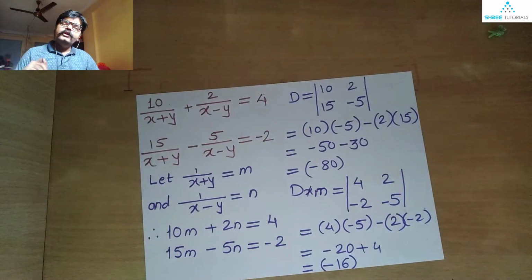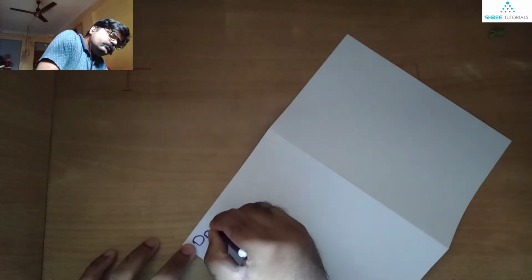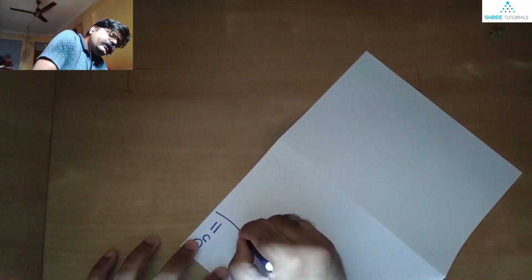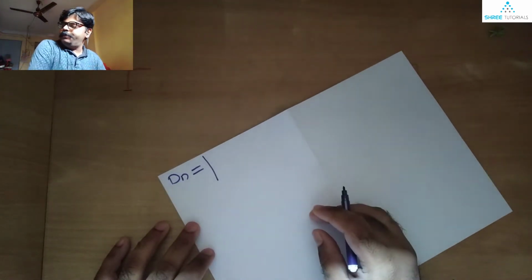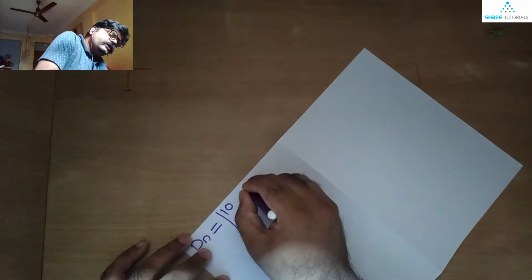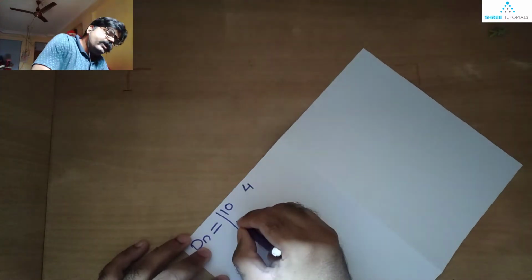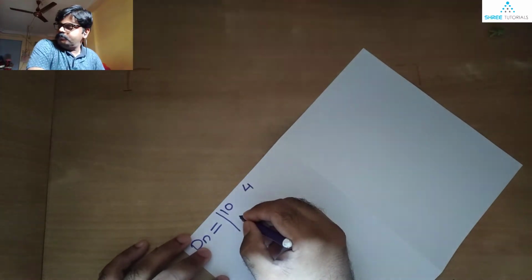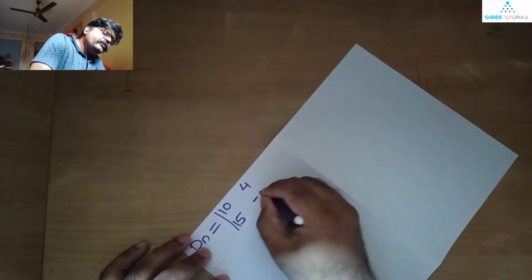After getting the value for dm, we are going to calculate dn. So while getting dn, the determinant should look somewhat like this. Determinant should be 10, 4 and 15, minus 2.